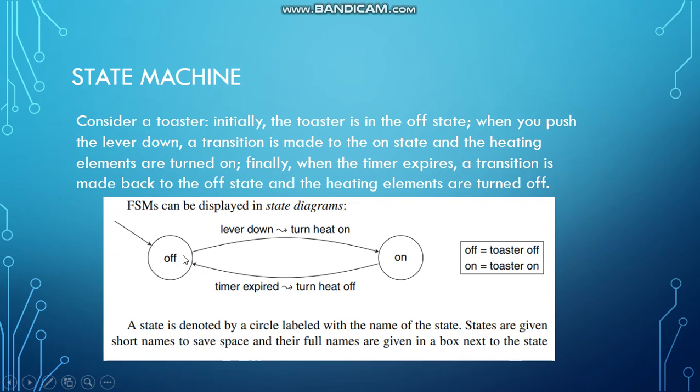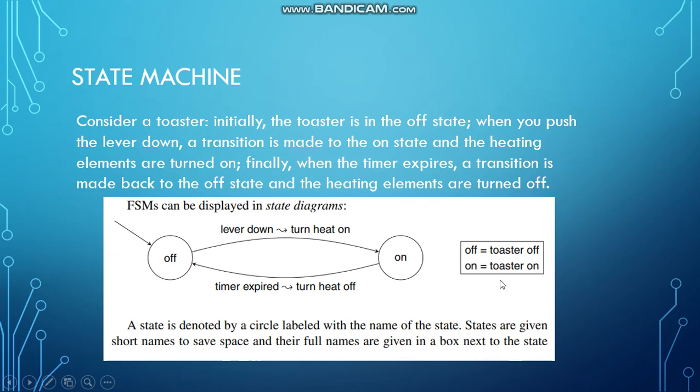A state is denoted by a circle labeled with the name of the state, so off and on. States are given short names to save space and their full names are given in a box next to the state. So off means toaster off and on means toaster on.